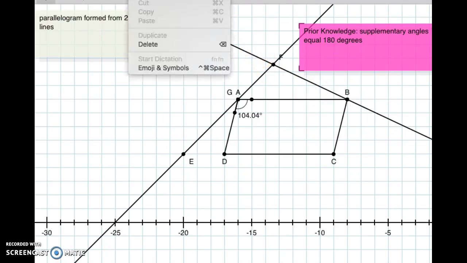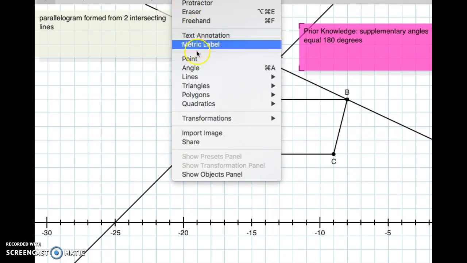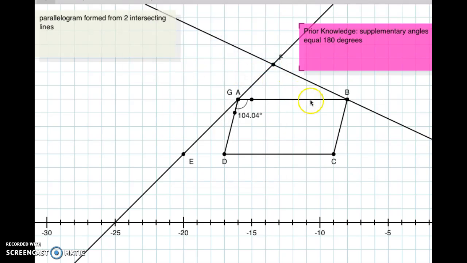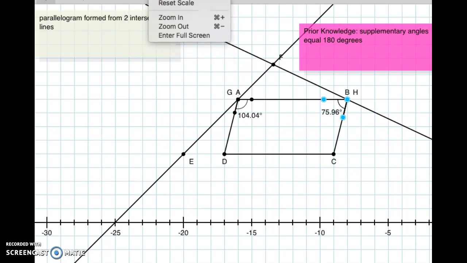So what I would do is let them play around with that and come up with that information themselves. So what I thought was that the angle should be about 75 degrees, and it is. It's 75.96 degrees. And then I will have them also look at angle C and angle D, doing the same thing, getting the angle measurements.